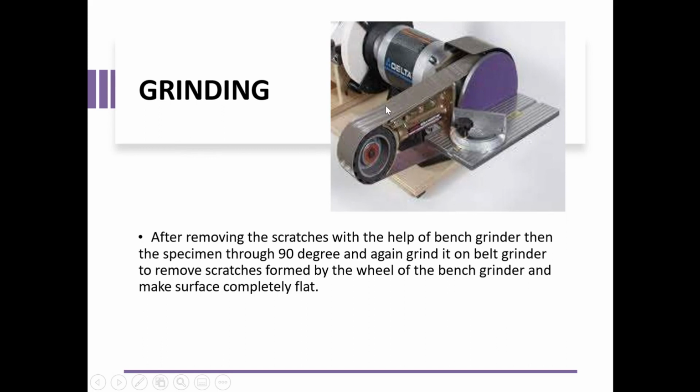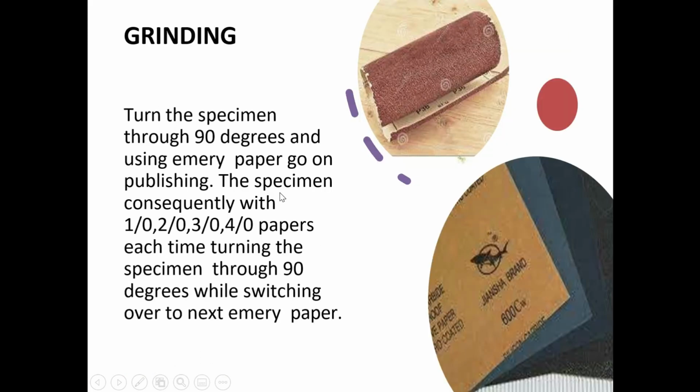Sometimes a belt is used. After removing the scratches with the help of the bench grinder, turn the specimen through 90° and again grind on a belt grinder to remove scratches formed by the wheels of the bench grinder and make the surface completely flat. If this is not available, you can use papers of different grades, generally called polish papers, or you can use emery papers.